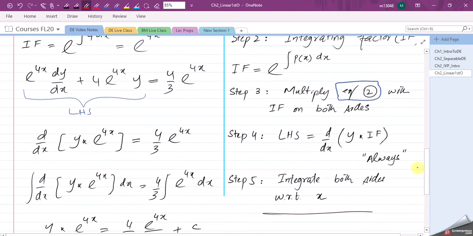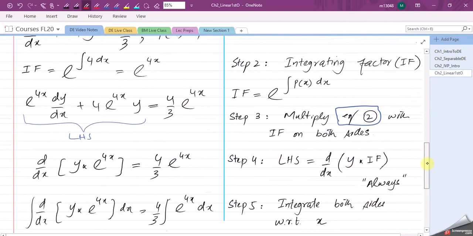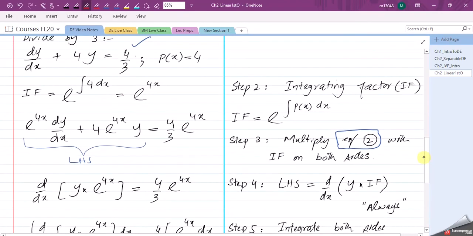Let's look at this step one more time. After multiplying the equation on both sides with e power 4x, we wrote this step directly. The question is, are they equal?